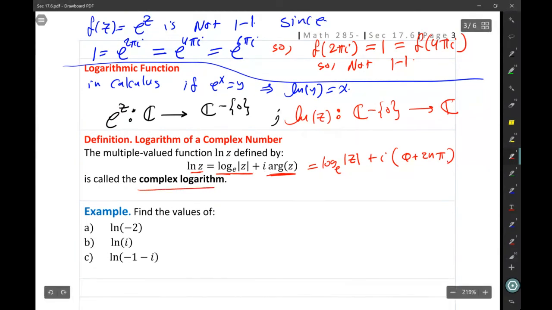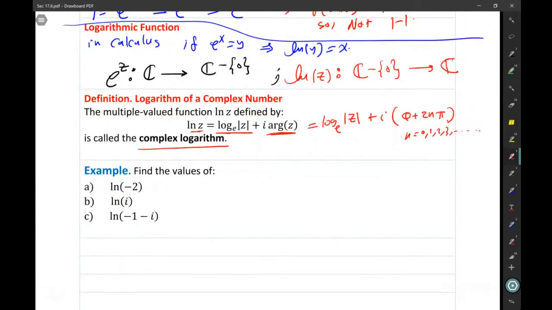This is called the complex logarithm, where n is equal 0, 1, 2, 3, and so on. Therefore, ln of any complex number is not a unique value, because each time you replace the value of n here, you will get another value.